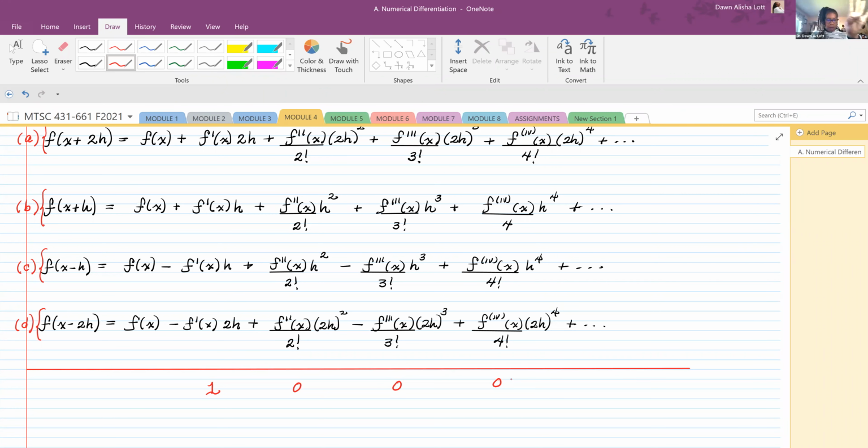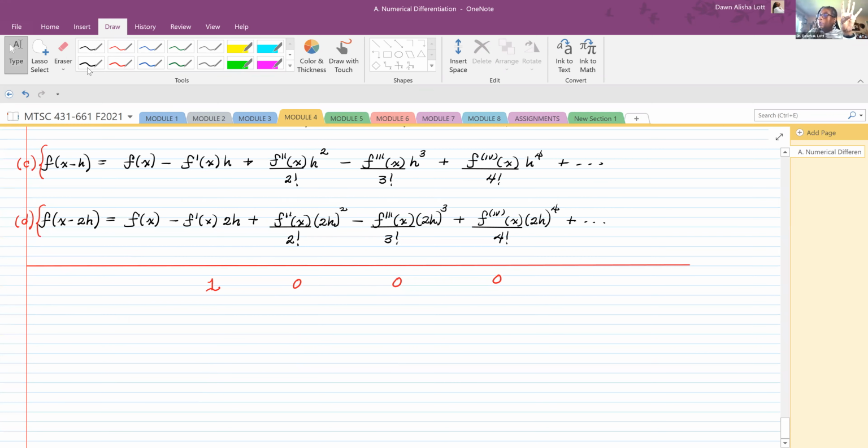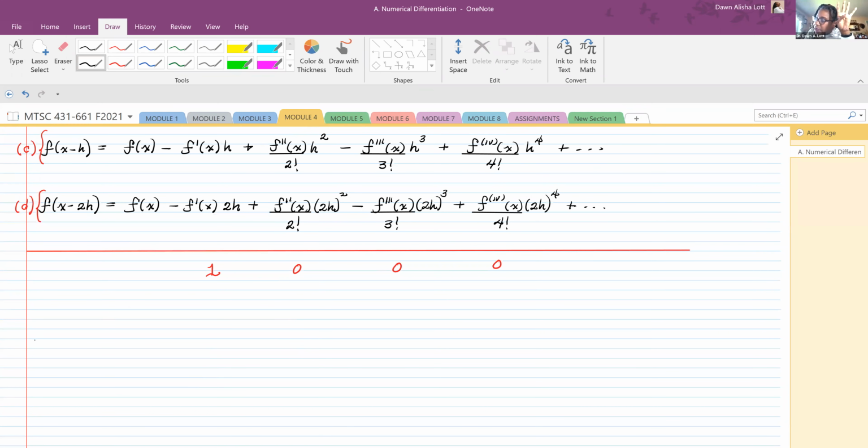Okay, so on the left-hand side, I get A times f at x plus 2h plus B times f at x plus h plus C times f at x minus h plus D times f at x minus 2h when I add that together.